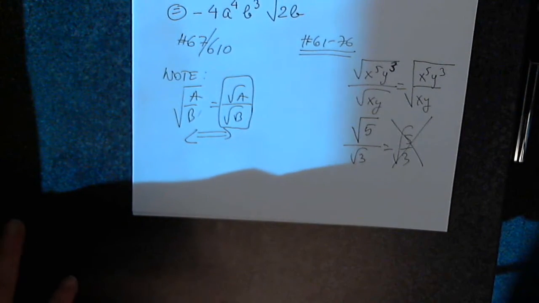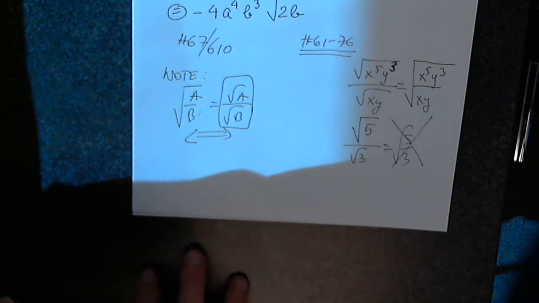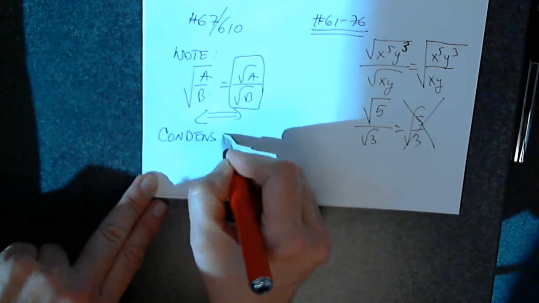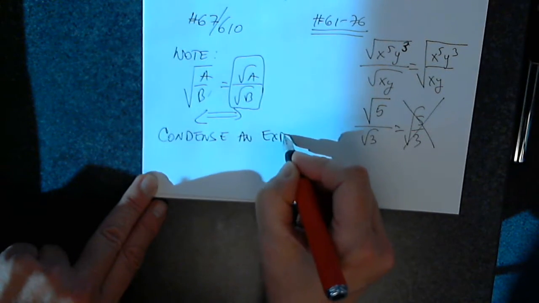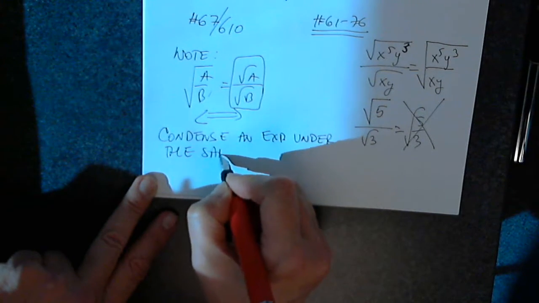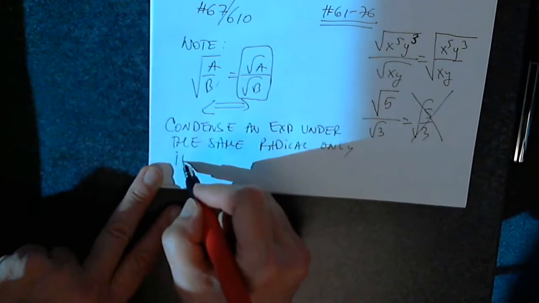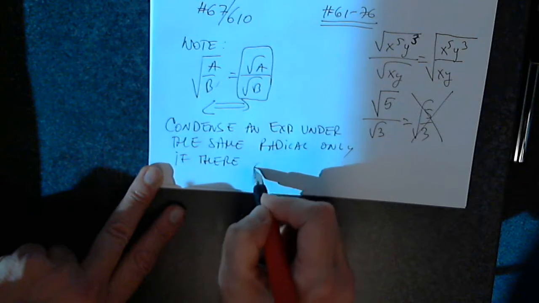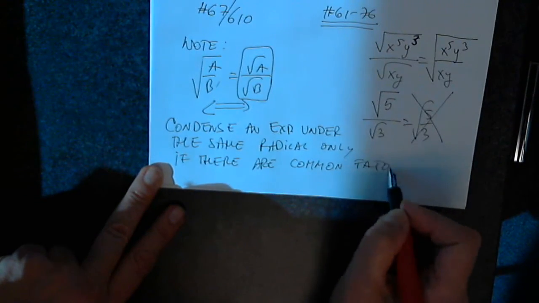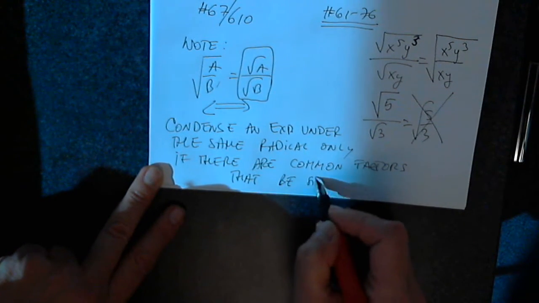Condense under the same radical if there are common factors that can be simplified. So note: condense an expression under the same radical only if there are common factors that can be simplified.